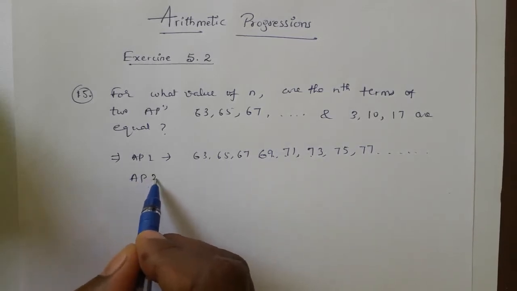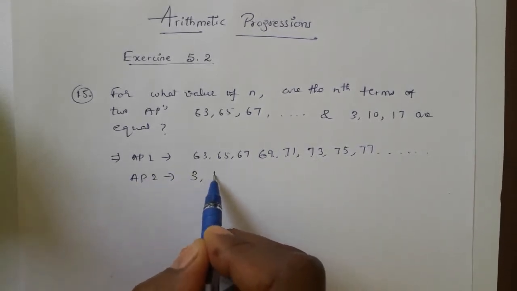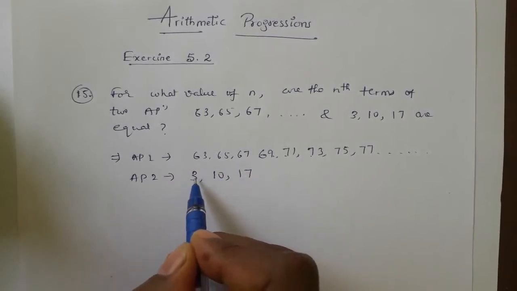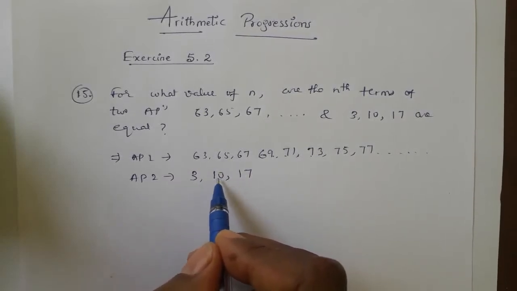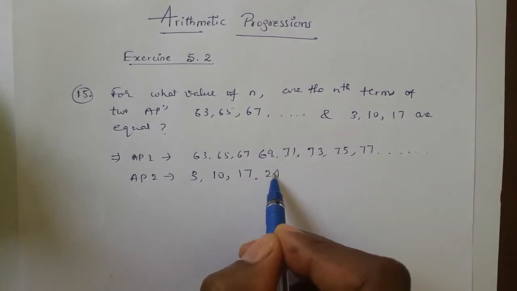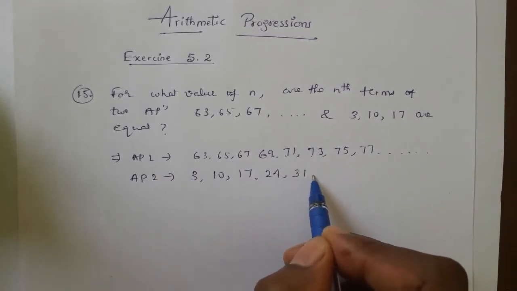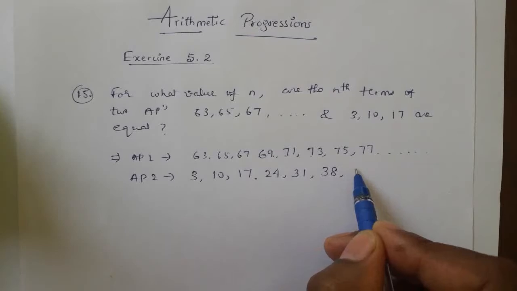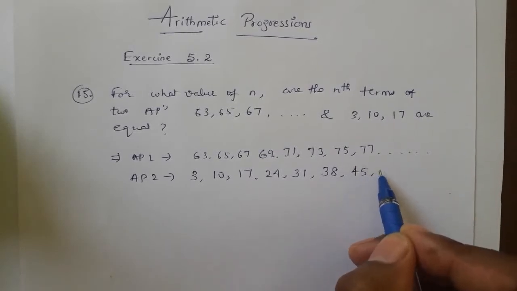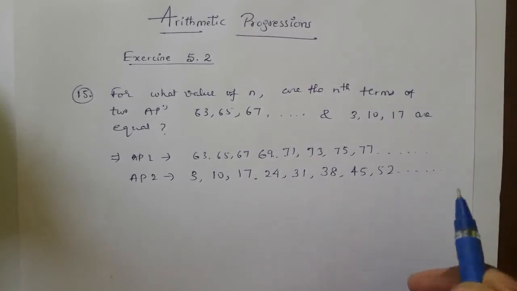But another AP, the AP2, is having 3, 10, 17. That means first is 3, then 10, 7 increased. Again 7 increased. Next 7 increased, 24, 31, 38, next 45, 52, like that it will be going on.